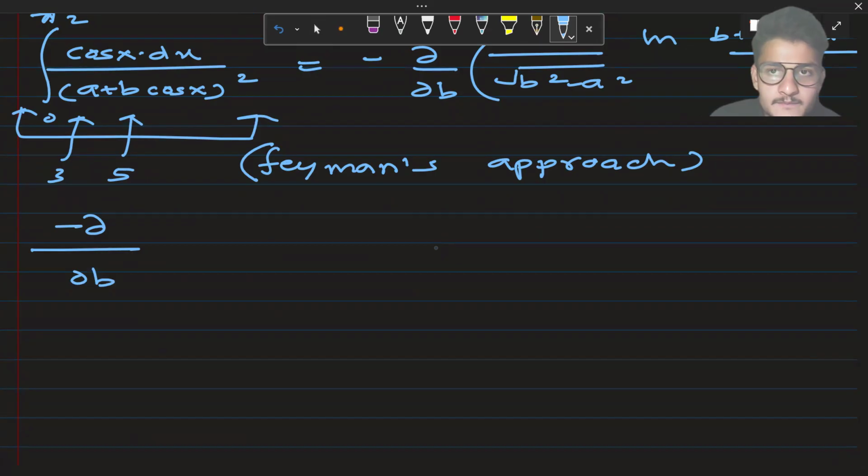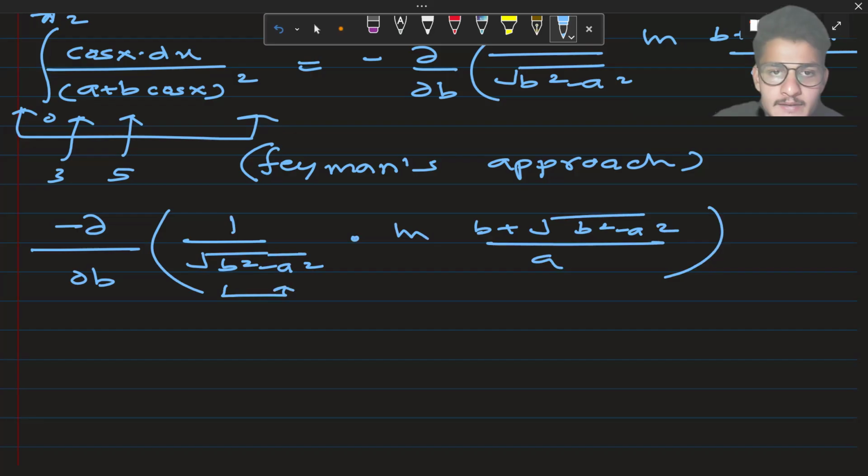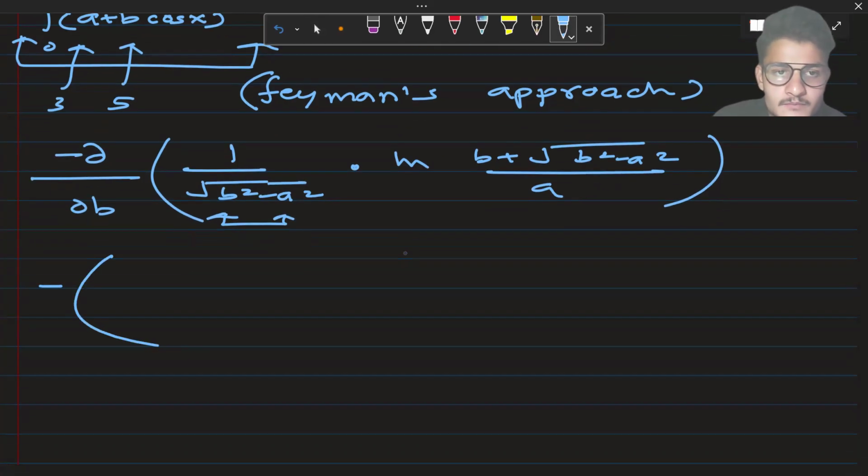So we will differentiate now. This is our answer: minus d by db, and putting the values of b and a will do our task. So when you do this, first of all, differentiate this. So what will you get? When you differentiate this, it becomes b square minus a square to the power 3 by 2, and minus 1 by 2 will get multiplied.